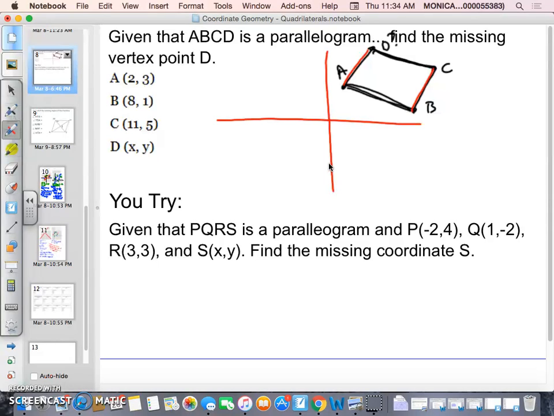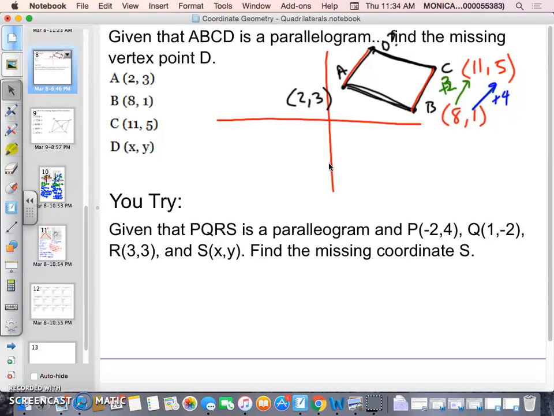Let's say B is at 8, 1. And C is at 11, 5. Okay? And what I notice is that to get from 8 to 11, I'm just going up 3, and to get from 1 to 5, I'm going up 4. So now I'm going to do the same thing to coordinate A. Coordinate A is currently at 2, 3.